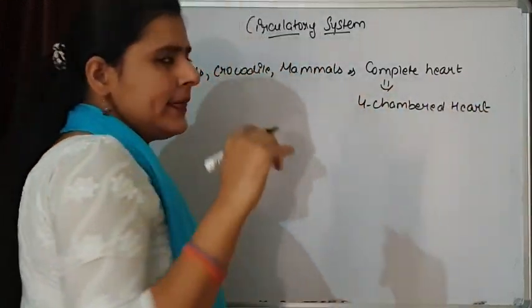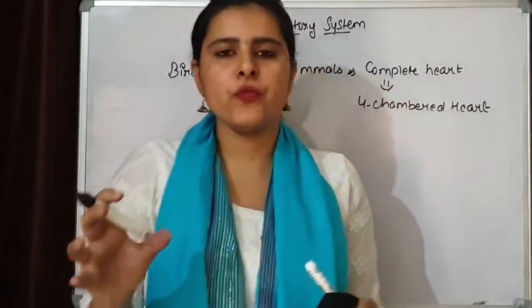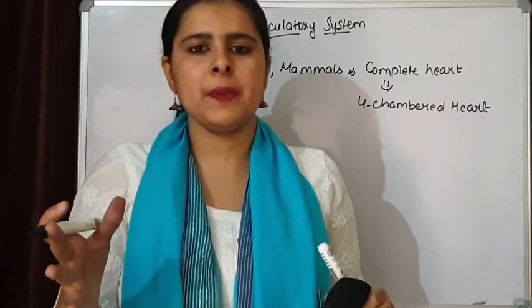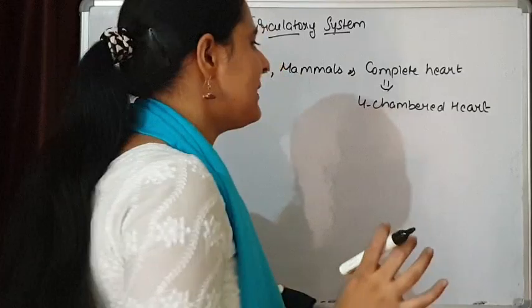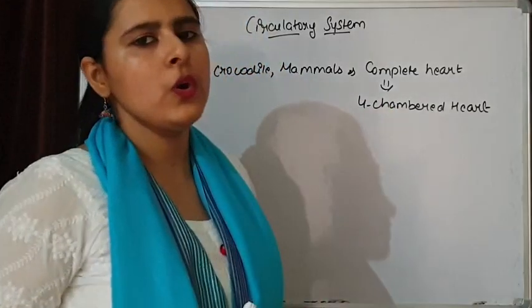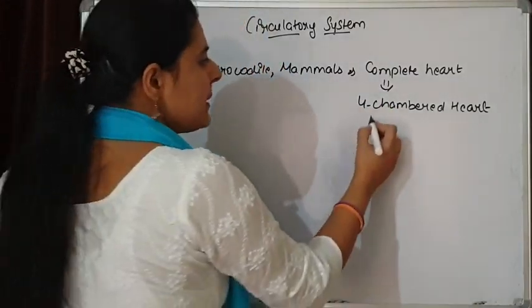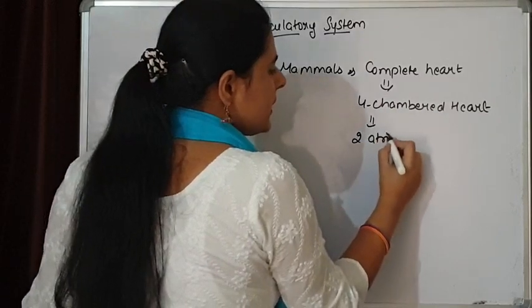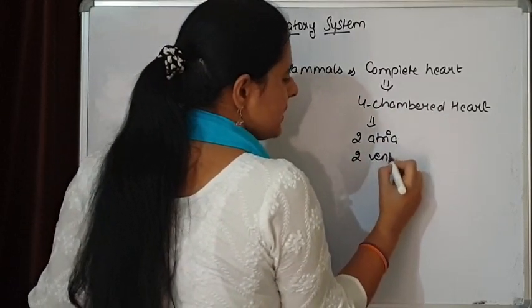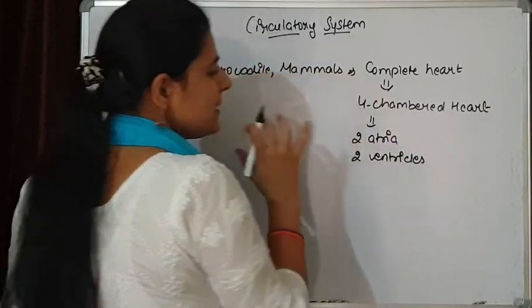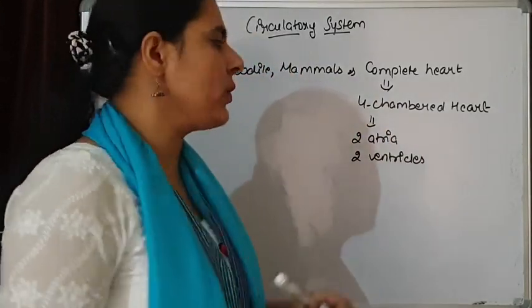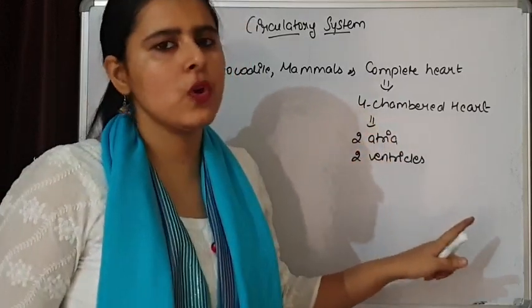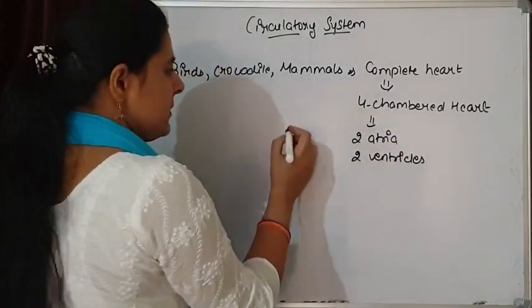Heart is divided into four chambers and each of the four chambers are completely separated from each other. We will discuss about human heart in detail, then you will come to know how four-chambered heart is present. That simply means two atria are there and two ventricles are there, which are completely separated from each other, and mixing of blood is not going to take place because of the presence of complete heart.